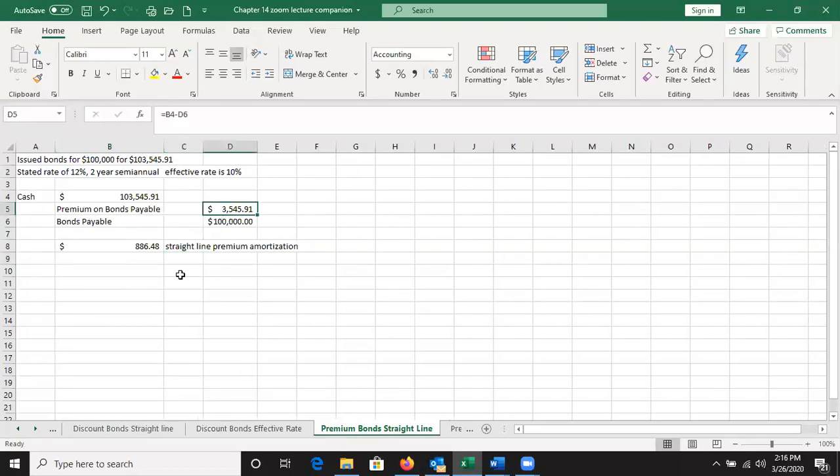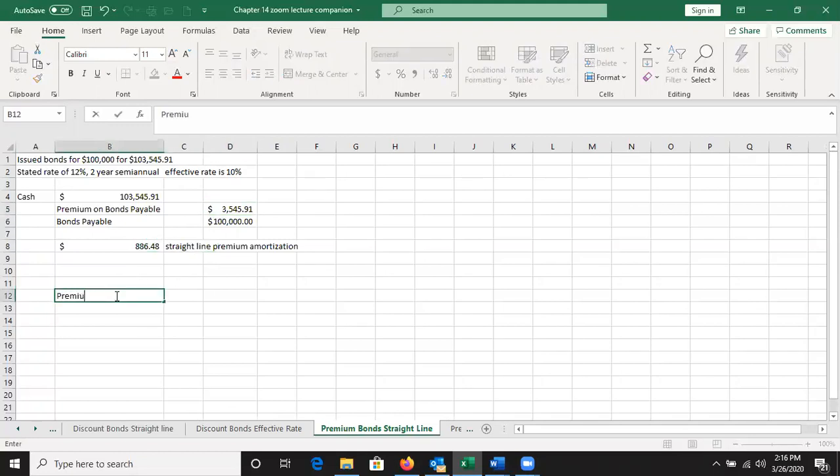So if we want to reduce those to 0, we have to debit the premium on bonds payable. And we're going to debit it each time by $886.48.